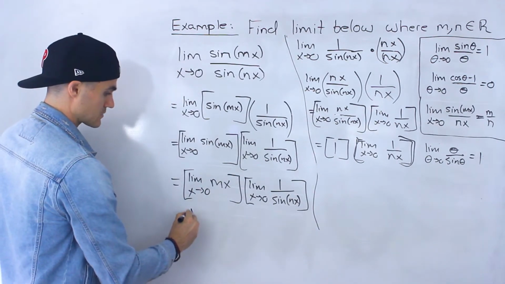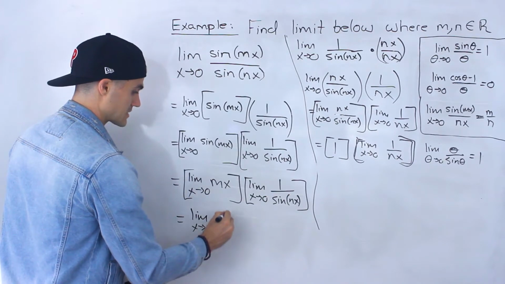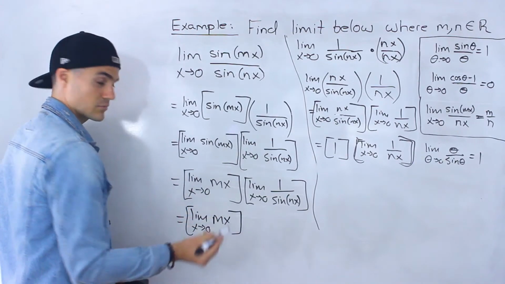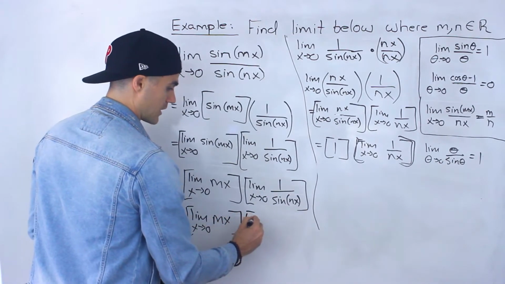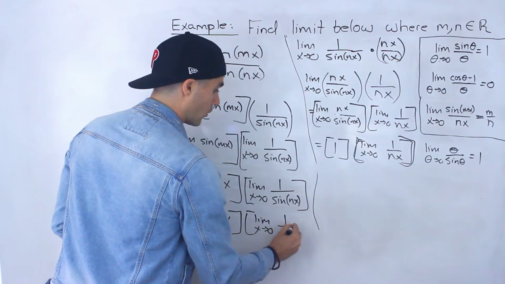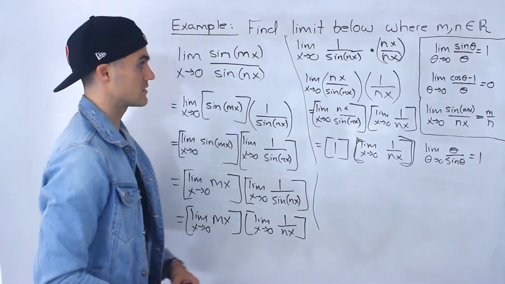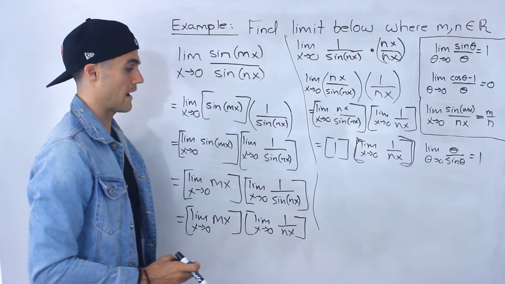So rewriting these, we got the limit as x approaches 0 of mx, what we simplified before, multiplied by the limit as x approaches 0 of 1 over nx. Took this bracket, simplified it to this using all of that work.